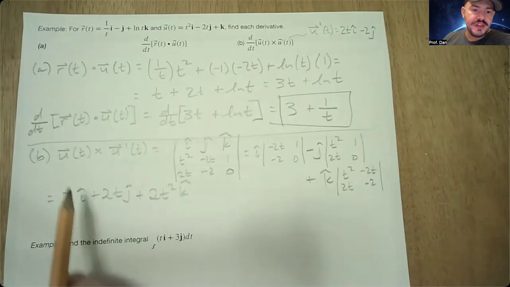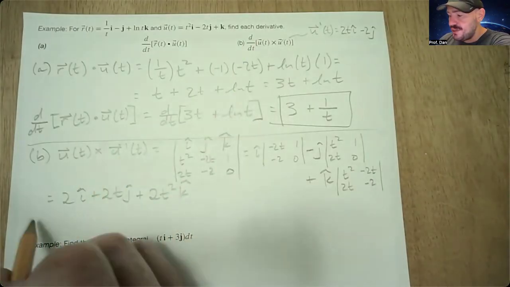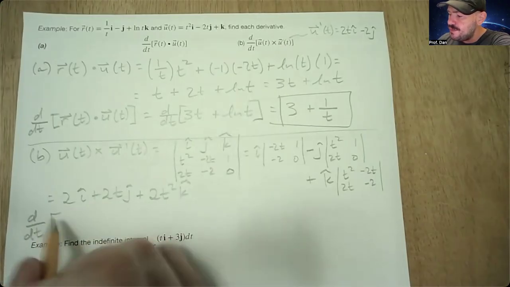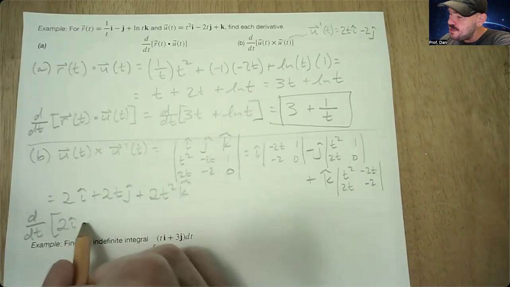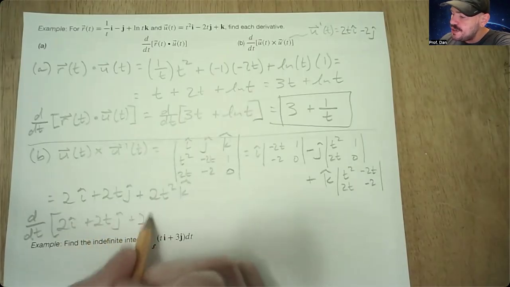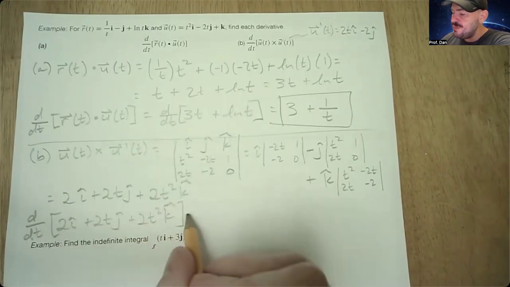Okay, so now that we've got the cross product, to get the final answer, I need to differentiate my cross product. So I'm taking the derivative of 2i plus 2tj plus 2t squared k. The result, remember, is going to also be a vector valued function.